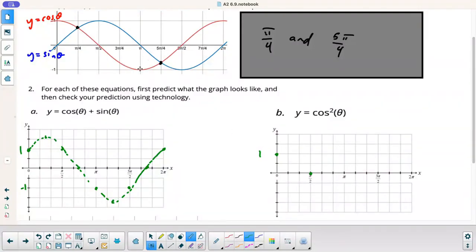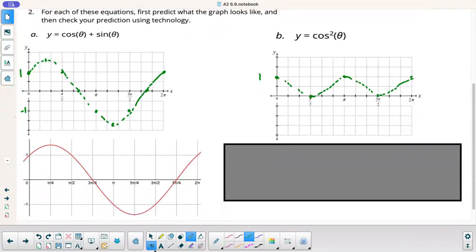At pi, negative 1 squared would be 1. I'm going to go to 3 pi over 2. 0 squared is 0. And at 2 pi, 1 squared is 1. So it looks like this graph is going to look something like that. Okay.